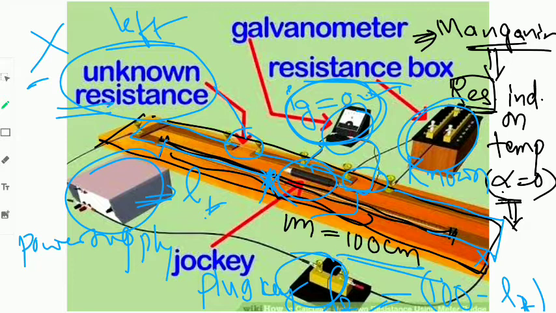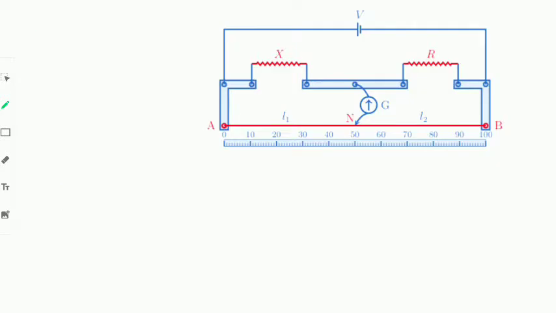See how we calculate this unknown resistance value. The unknown resistance is connected in the left gap, and the known resistance in the right gap. Using the jockey, the null point is identified, and the length is L1 and the remaining length is L2.